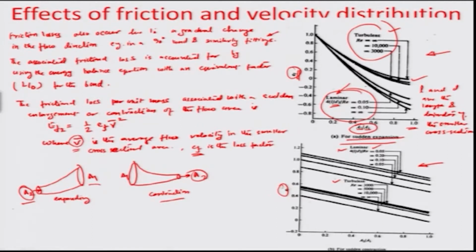So, for laminar flow, the length L and diameter D, as you can see in most of the cases, whether it is an expansion or contraction, you have an inclusion of this L by D factor here, are that of the smaller cross sectional area.